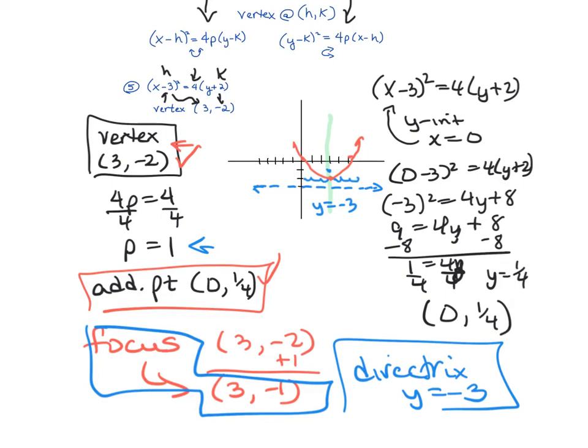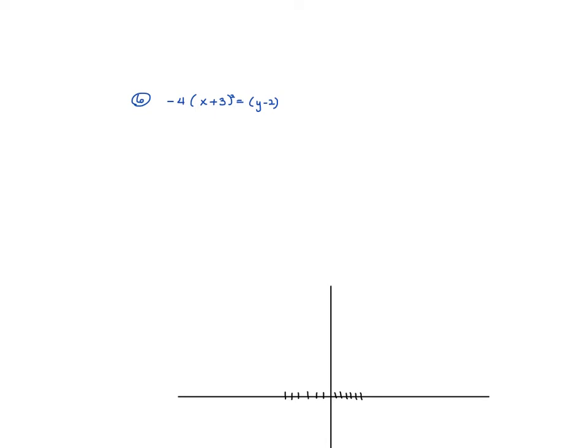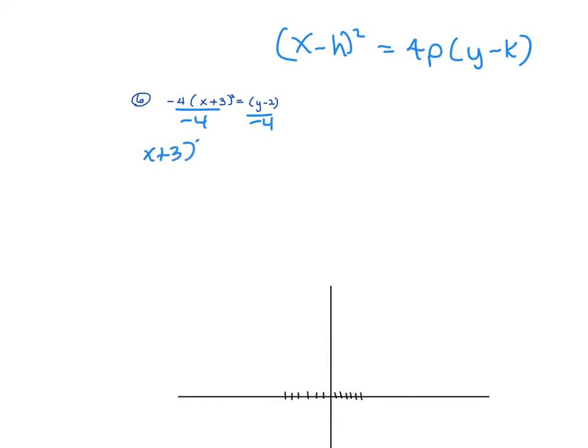Let's try another example. Now, we need to get this into the appropriate form. So we want to have (x minus h) squared equals 4p times (y minus k). So here, notice my x is the square term. So I need to get rid of that -4. So I'm going to divide both sides by -4, and I get (x plus 3) squared.